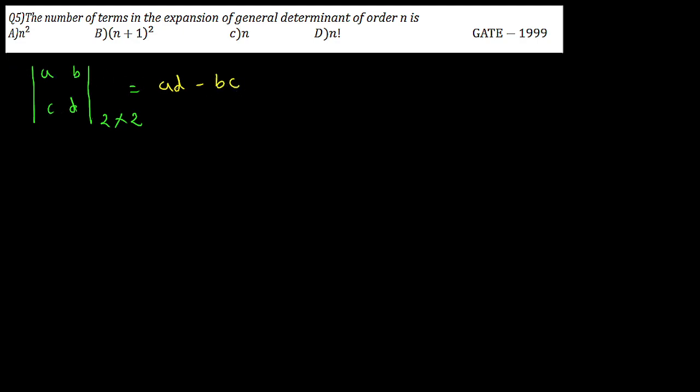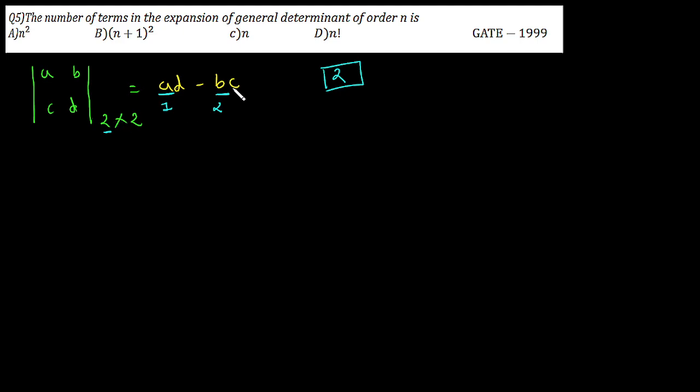Now count the number of terms that we are getting here. First term, and here it will be the second term. So for this 2 cross 2 we are getting 2 terms. Here the value of n we have chosen as 2, because in the question it is given for general order n.